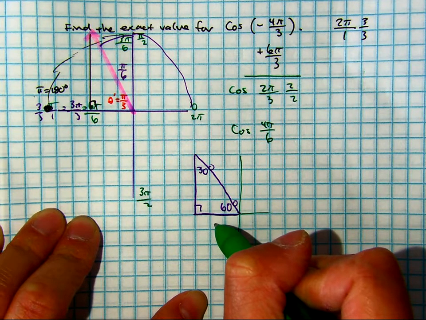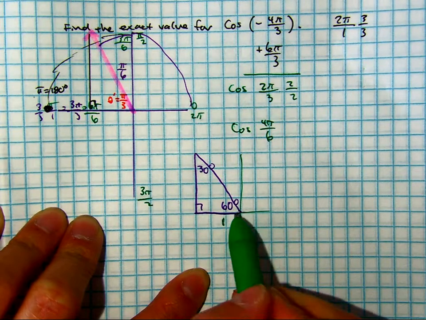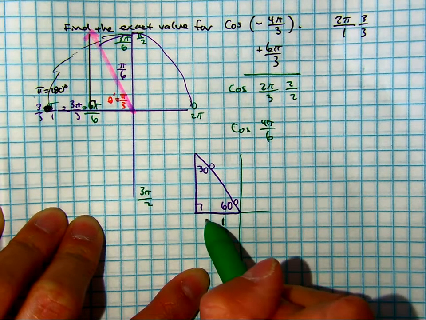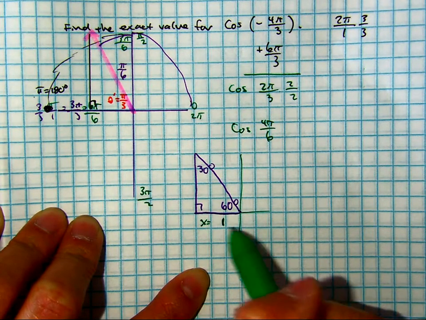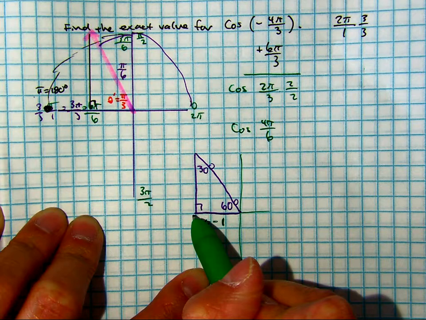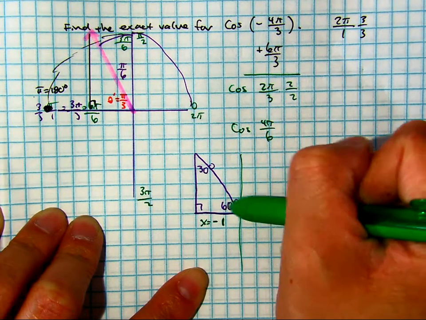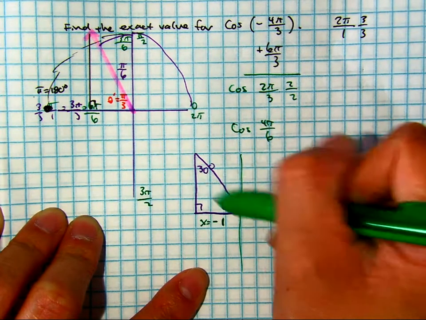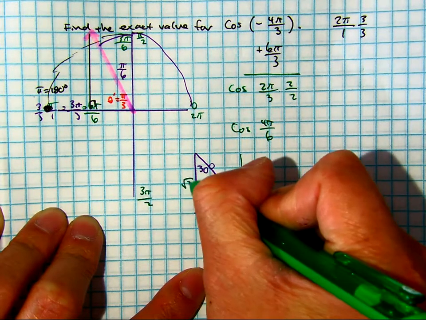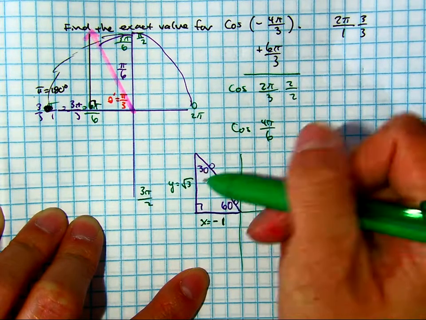A 1. Now, this is your x value, so your x value in this case is going to be negative because you're going left. Always across the 60 is a what? Radical 3, and that's your y value. In this case, it's positive because you're going up.